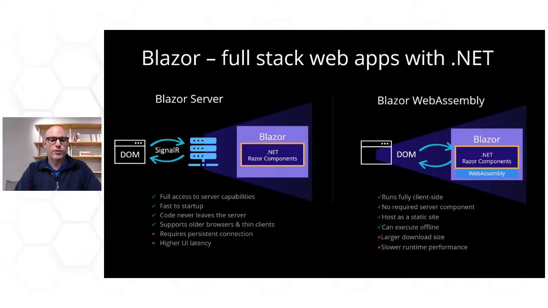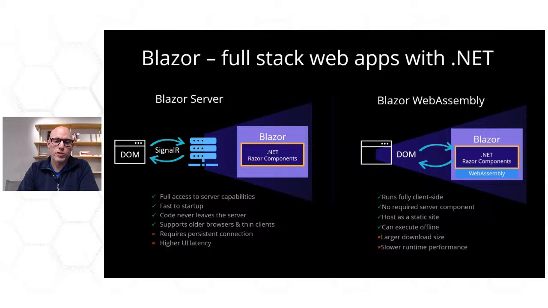So the server version uses SignalR to communicate between the client and the server, so you need a live connection to the server. Some of the better things with it are that your code runs on the server, so it's fast, and it's fast to start up because you don't need to download as much stuff.